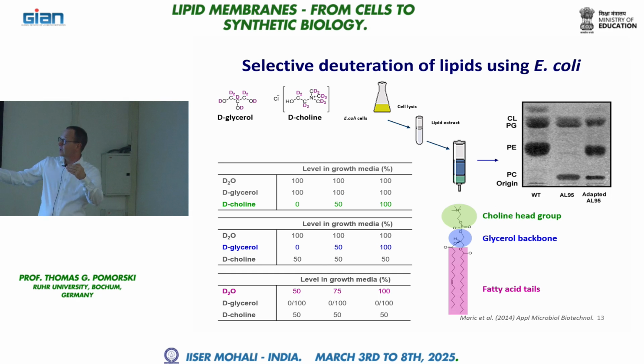If you give them glycerol, the glycerol would be deuterated in this case. The head group would be deuterated. If you put them in deuterated water, the lipids would also start to get partially deuterated. In this way, you get all the components needed to build a nanodisc that would contain deuterated components and the non-deuterated component that you are interested in, that you want to make visible.